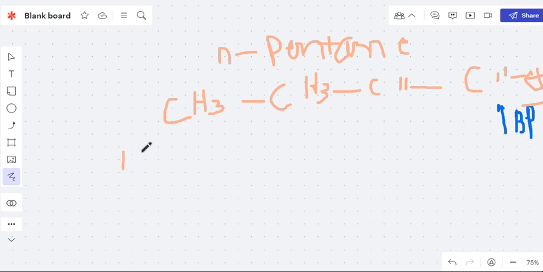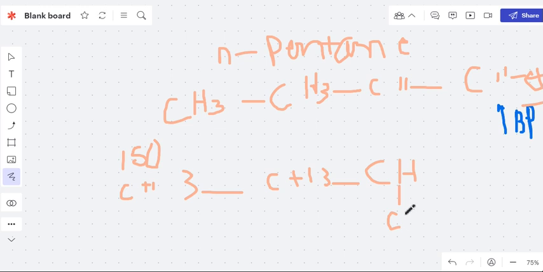Then we talk about isopentane, which is CH3, CH, with a branch of CH3, then CH3. Whenever we talk about isomers, we judge on the basis of their surface area.